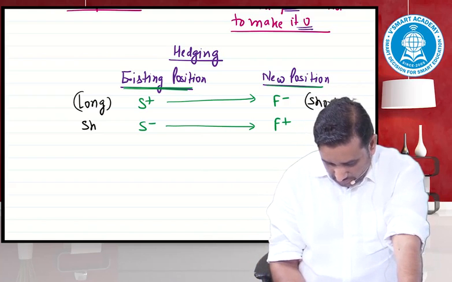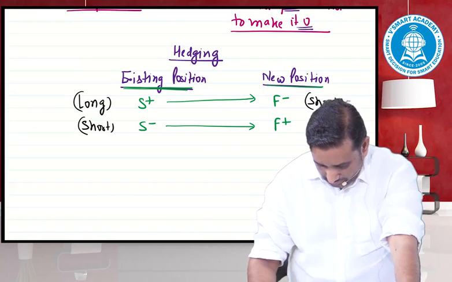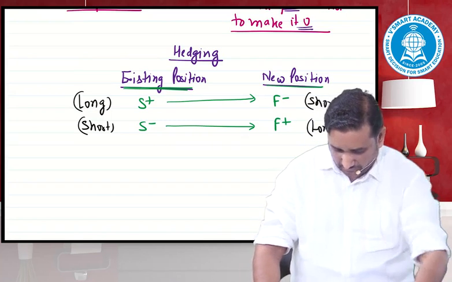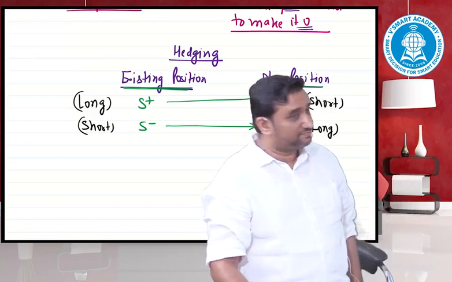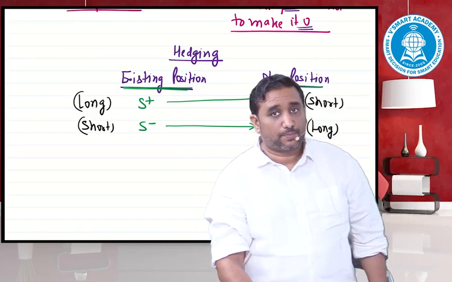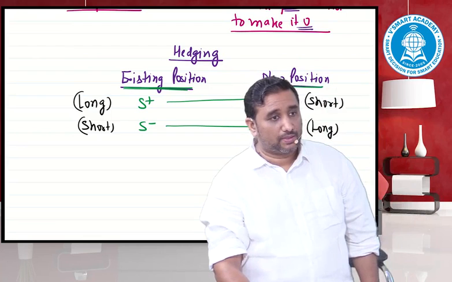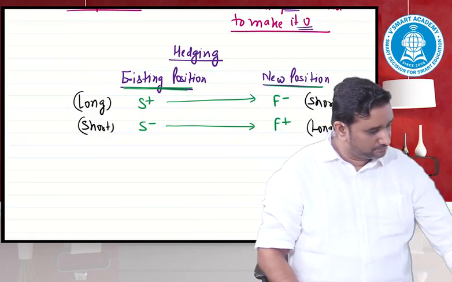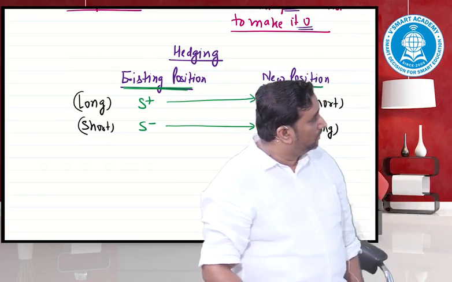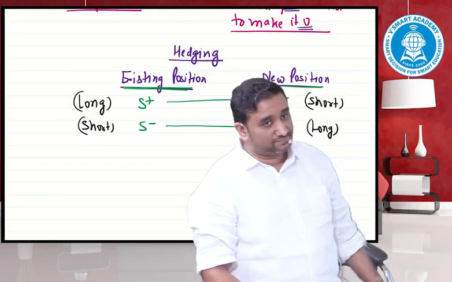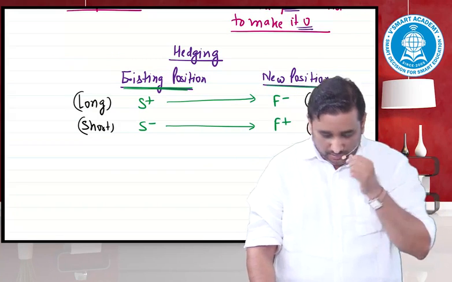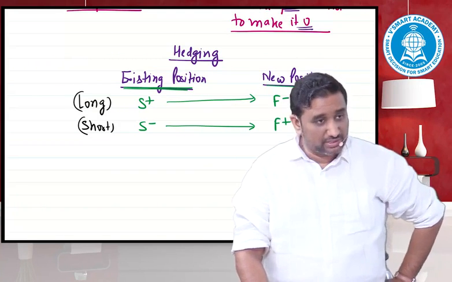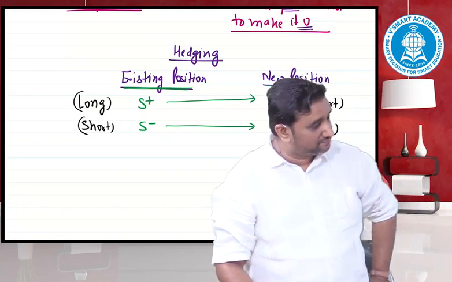If by chance you are short here, then you will go long here. S is the cash market position, F is the futures position we have.